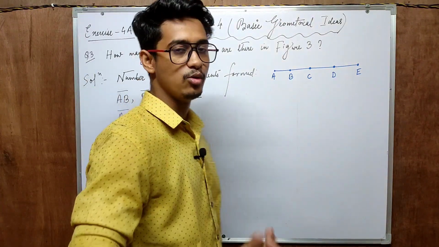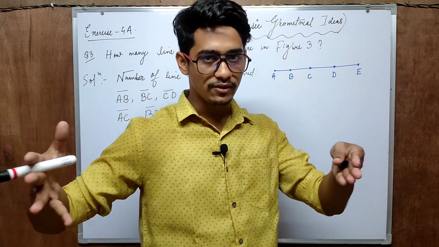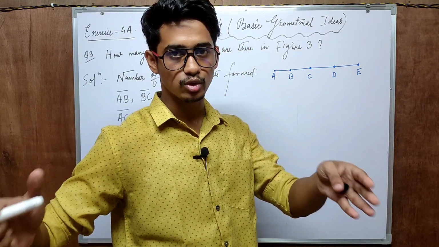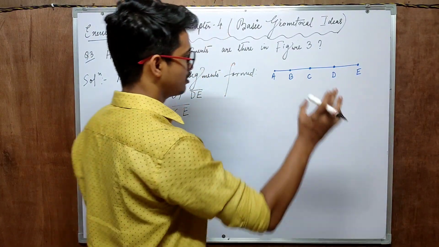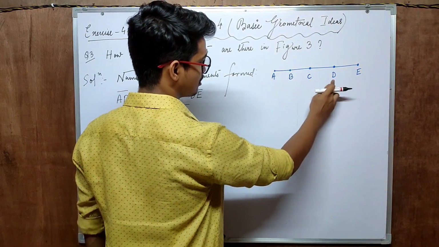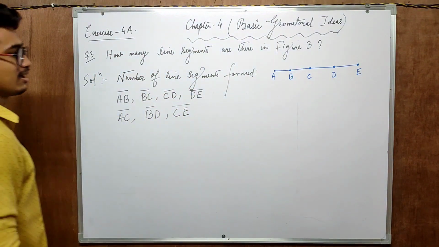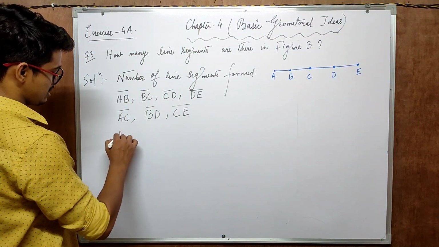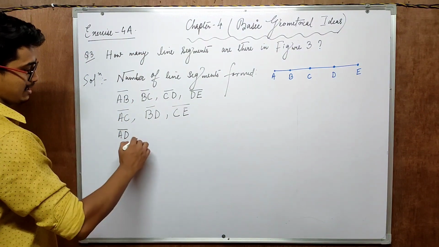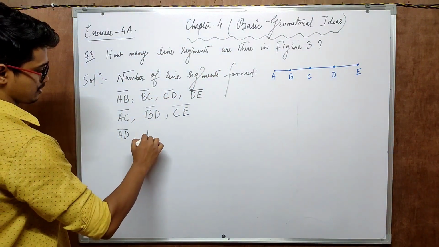After that we move on to the next part, where between the 2 points there should lie 2 points. A and D, here B and C are the 2 points which lie between A and D. So AD will be the first part, and then BE will be the next part.